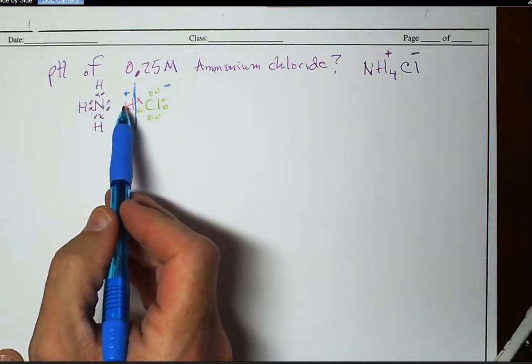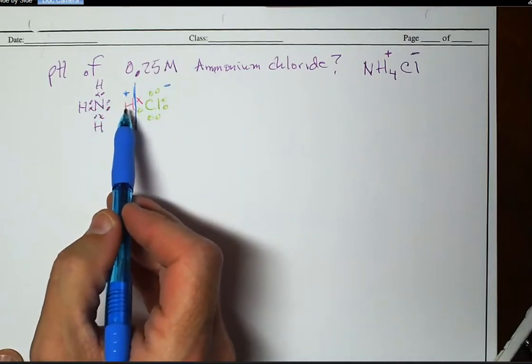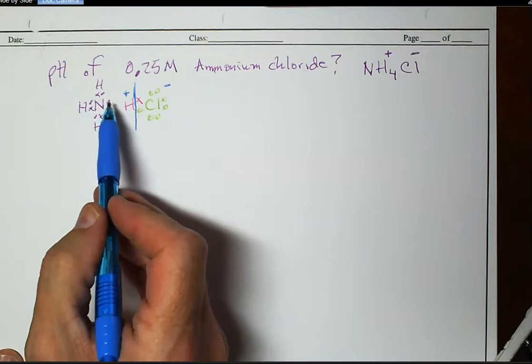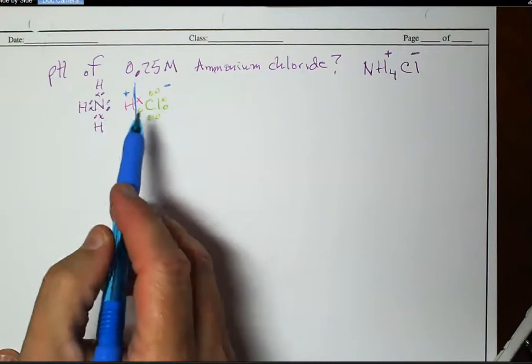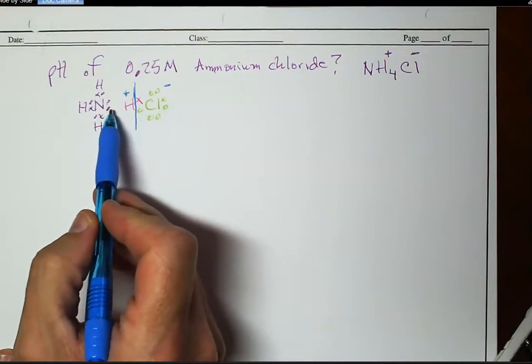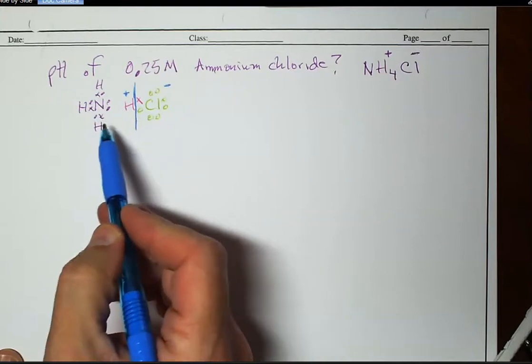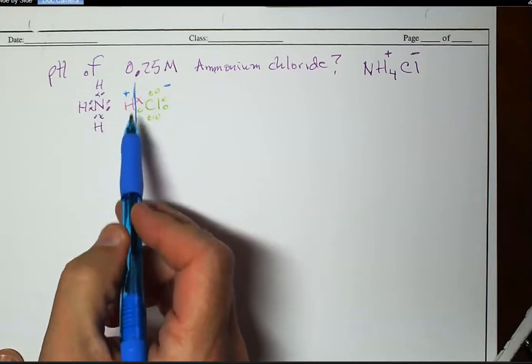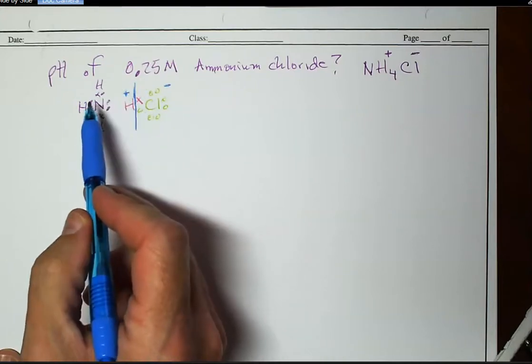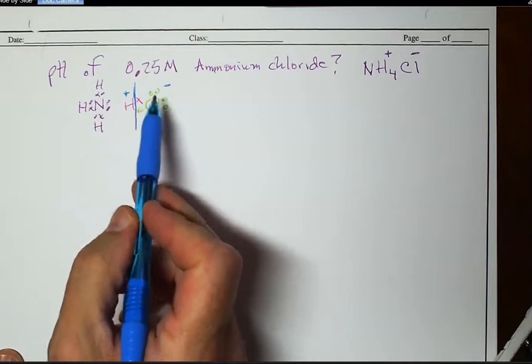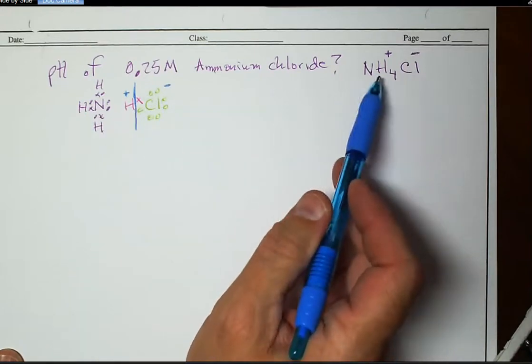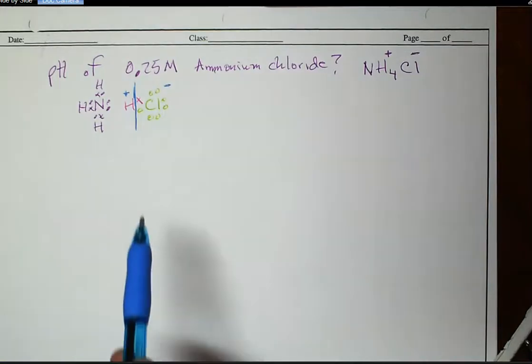Then the ammonia will say to the hydrogen with the positive charge, come on over here and I will share this pair of electrons with you. And of course that is called a coordinate covalent bond or a dative bond, and that gives us over here, everything to the left of the vertical blue line is ammonium, and to the right of the vertical blue line is chloride. Okay, ammonium chloride.